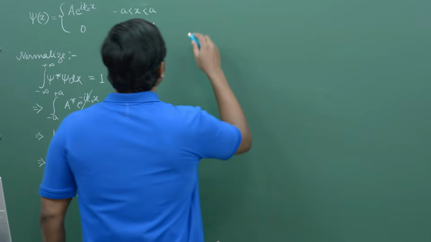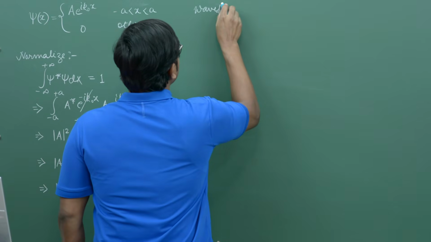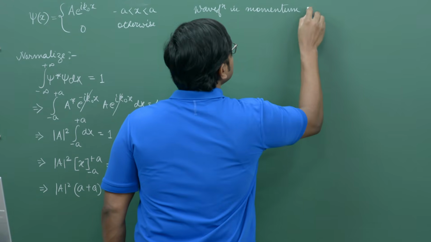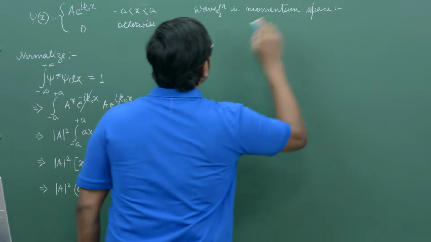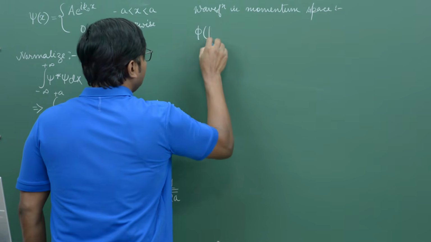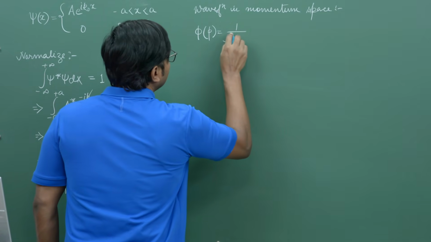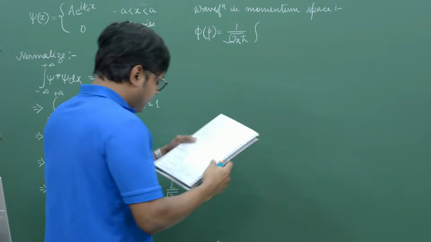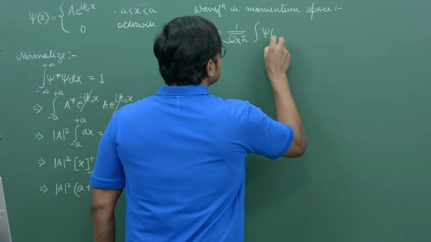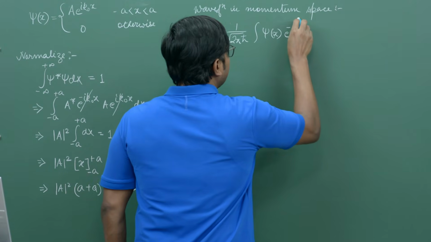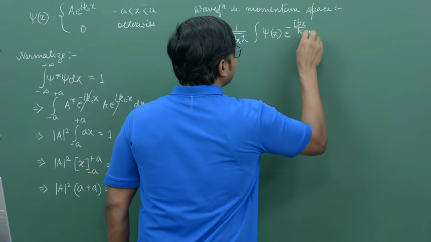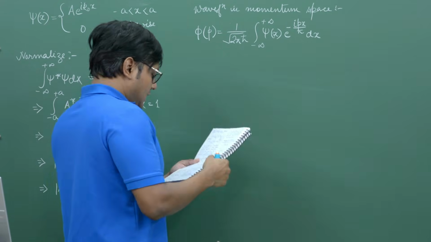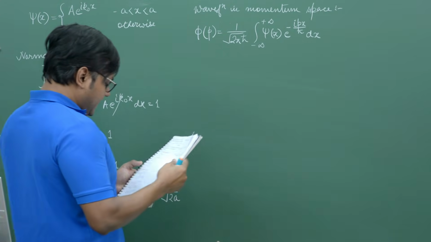Now if I want to find out the wave function in momentum space, then I'm going to simply use the expression that I just mentioned a few moments back, which is phi p is equal to 1 upon root over 2 pi h cross, and then we have psi x e to the power minus iota px upon h cross dx between minus infinity to plus infinity. Again, I can write the limits as minus a to plus a here.